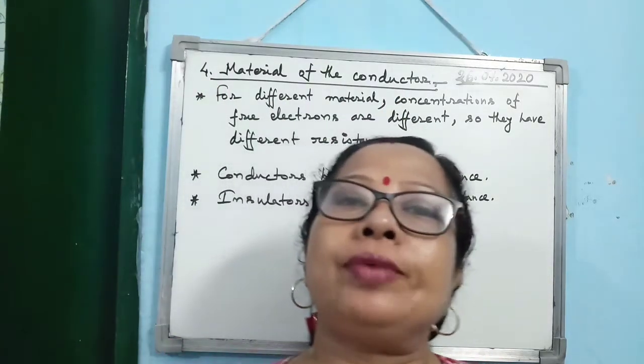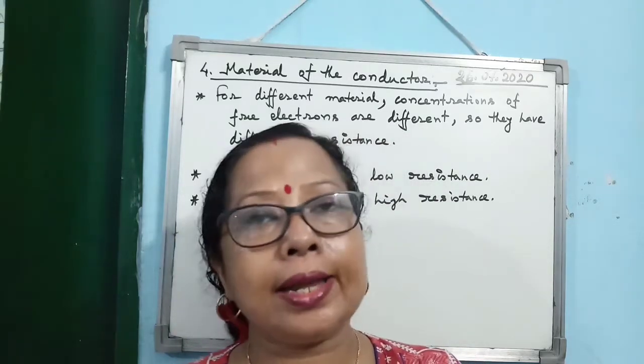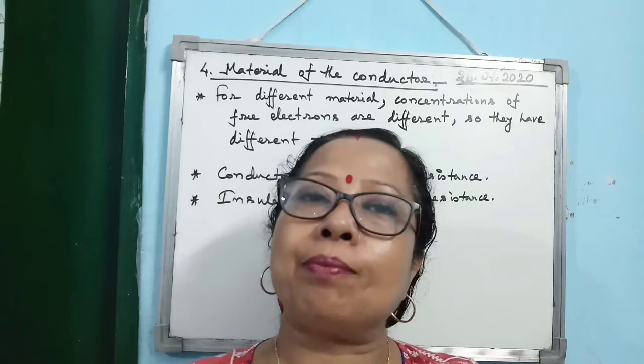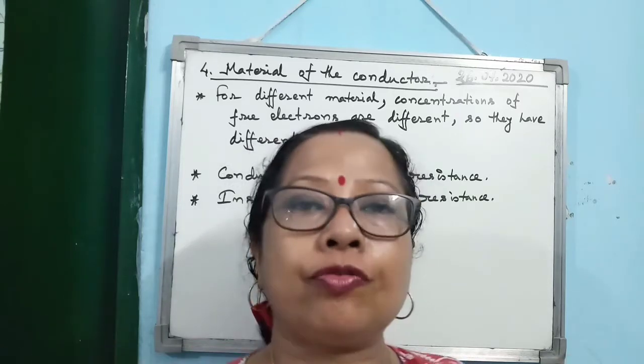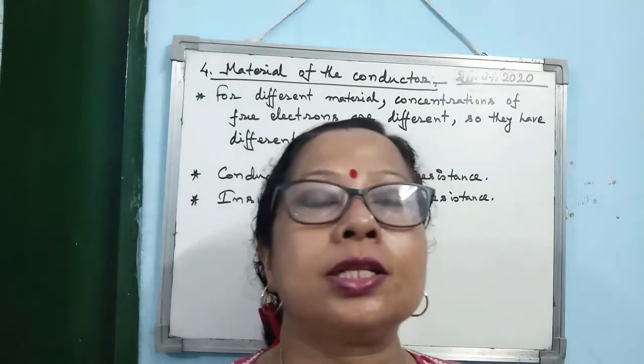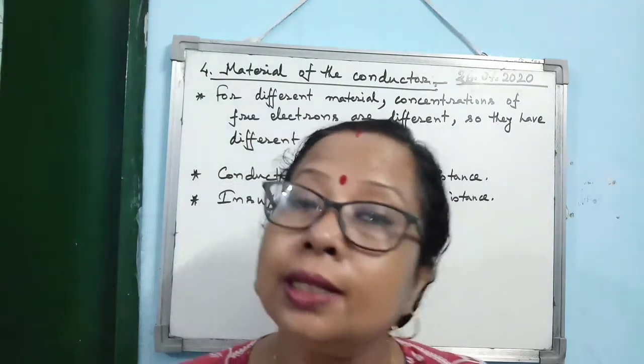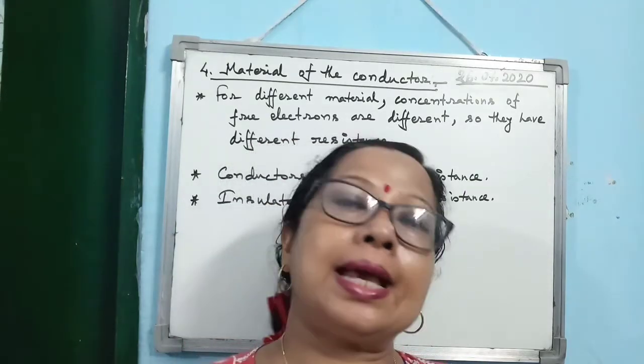Now, suppose you have taken copper as a conductor and aluminium as a conductor. Inside copper the concentration of free electrons, and inside aluminium the concentration of free electrons, are not the same. If the concentration of free electrons is more, then what will happen? Resistance will be less. Clear?